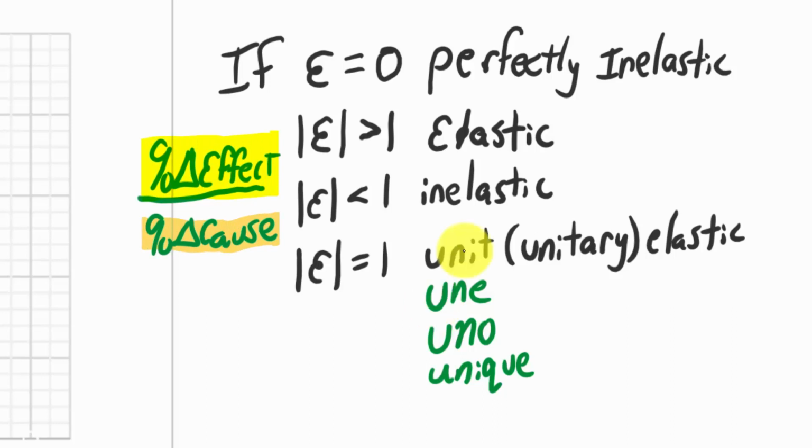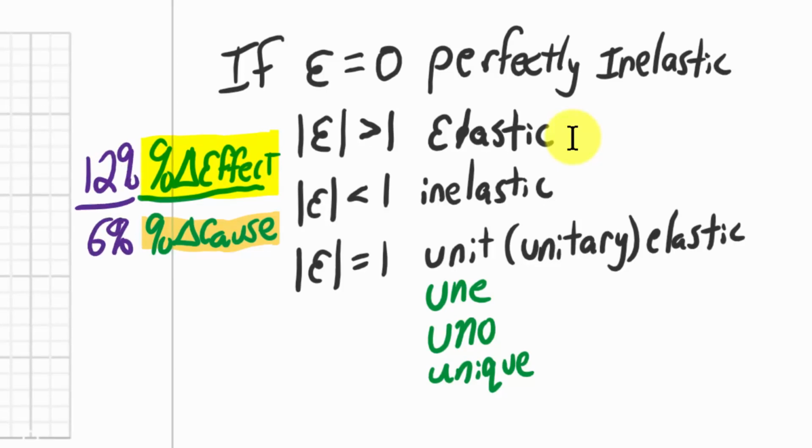Well, that's going to make that ratio bigger than 1, and we're going to call that elastic, right? So, for example, if we had something where the effect was 12% and the cause was 6%, well, the effect was bigger than the cause. Let's call that elastic. Now, if the effect is equal to the cause, 6% on the top, effect, 6% cause, we're going to call that unit elastic, and that just means the cause and the effect are of the same magnitude, the same size percent change.